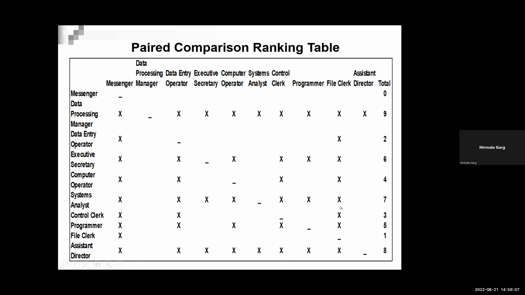And what is the 4th? Computer operator, 4. So can we cluster these jobs 1, 2, 3, 4 under one category? So typically what do we do? I'll just use a blackboard. We typically do something called cluster analysis.